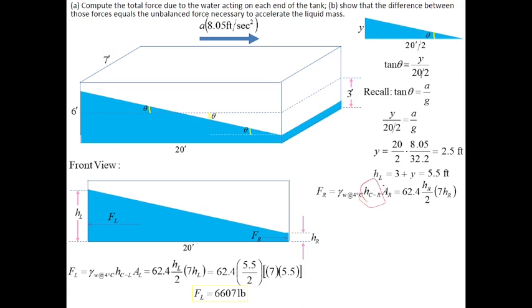HCR, the centroid, is just 1/2 of HR. And then, AR, that is 7 feet times HR. So that's the AR we are looking for. Okay? So, next, this is our data.